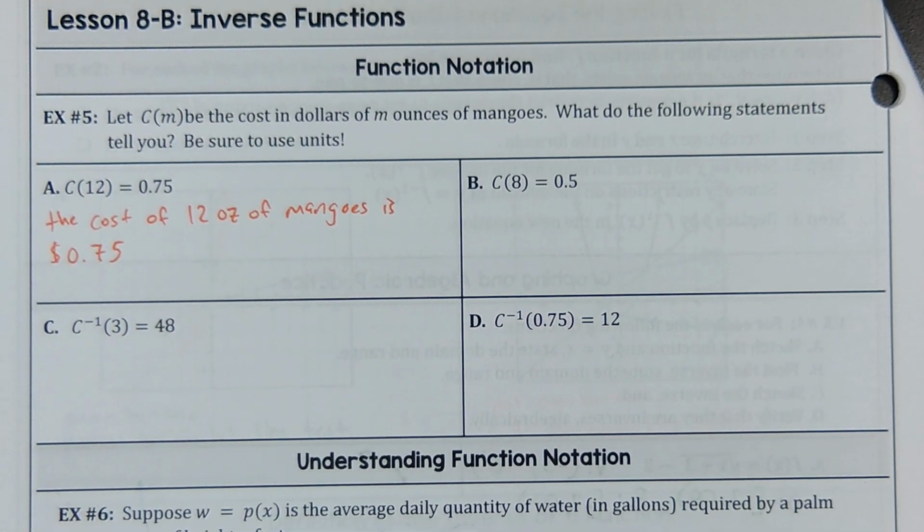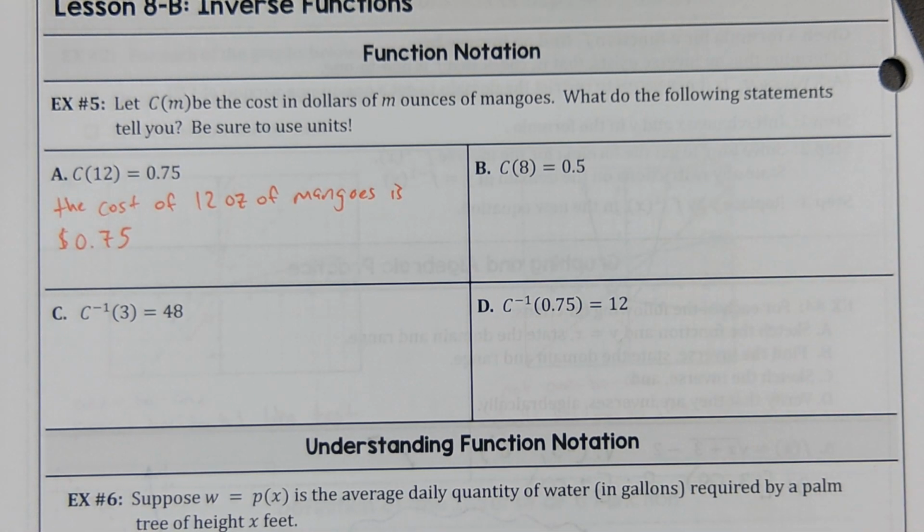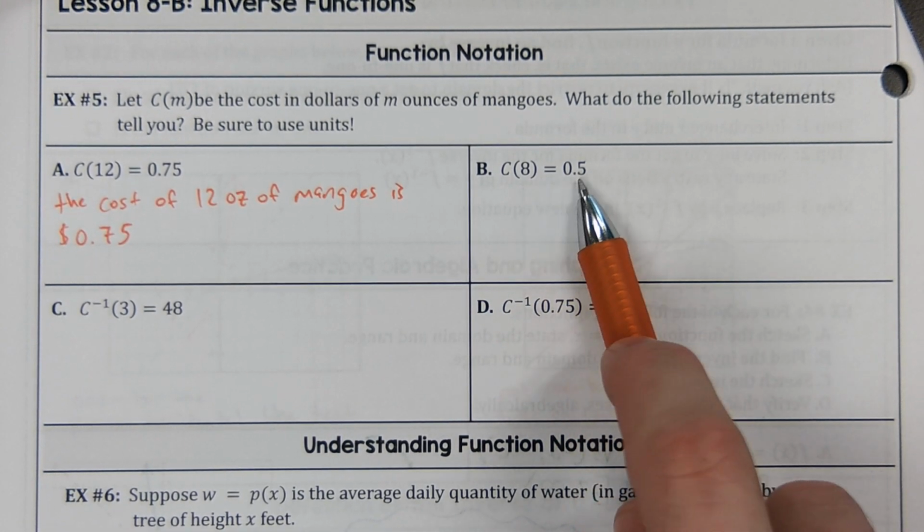There you go. That's what that tells us. Just to save a little bit of time, and so we're not doing redundant things, I'm not going to write this one. We'll just say what it is. And you'll do the same. You won't write it down because, again, I want to move on. But it says the cost of 8 ounces of mangoes is 50 cents.